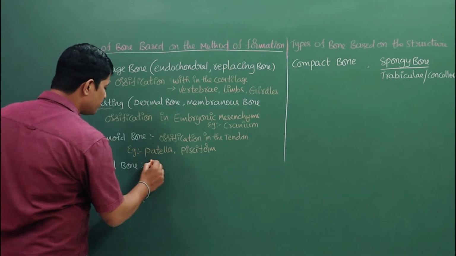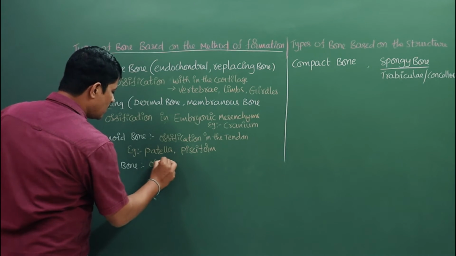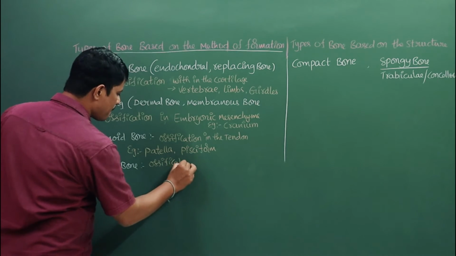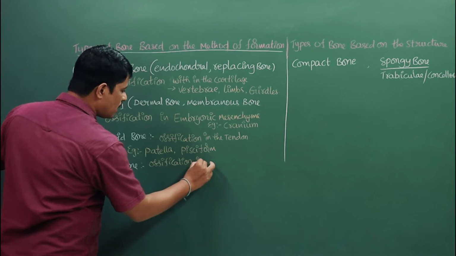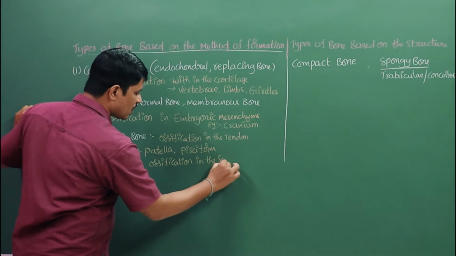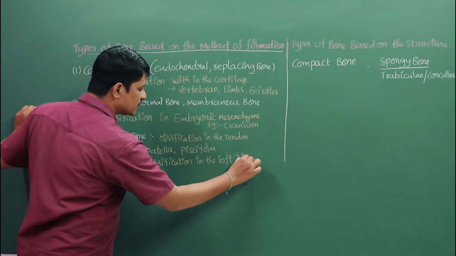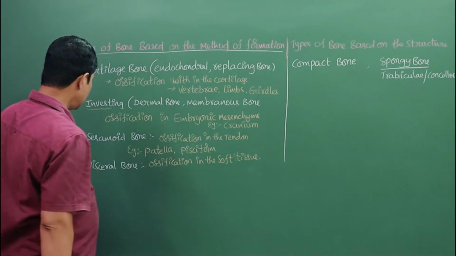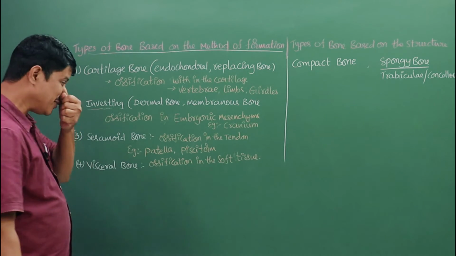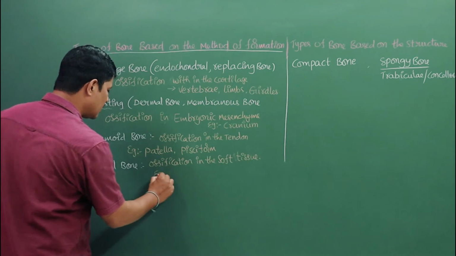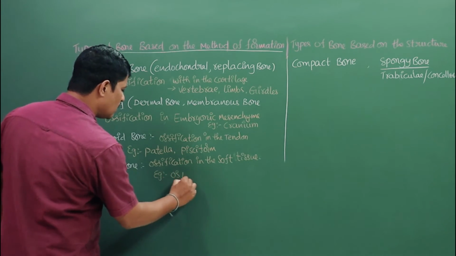Now the visceral bones. These visceral bones form where ossification occurs in the soft tissues. Examples of visceral bones are, first, os cordis and, second, os penis.